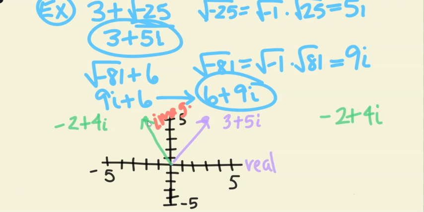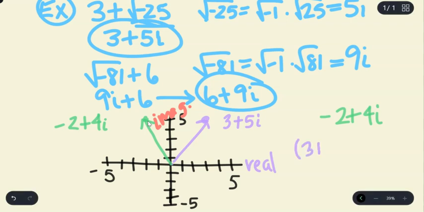And something that you'll see, and I'm going to do a separate video for operations, but just to give you a preview, what if I wanted to add two complex numbers together? So let's take that 3 plus 5i and let's add it to that negative 2 plus 4i.